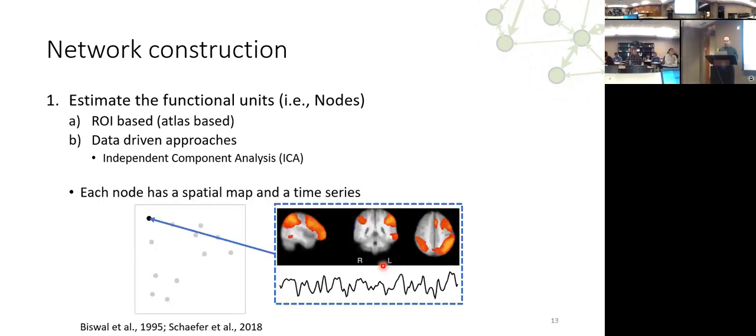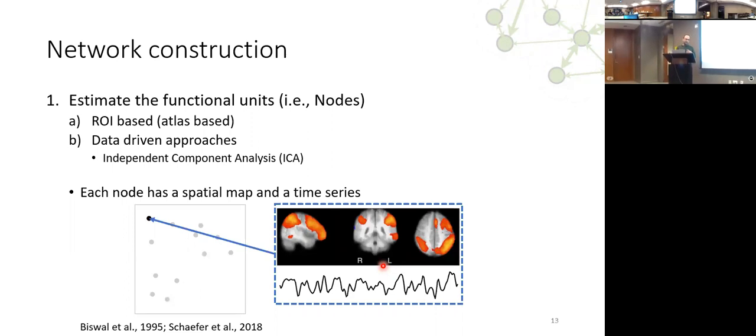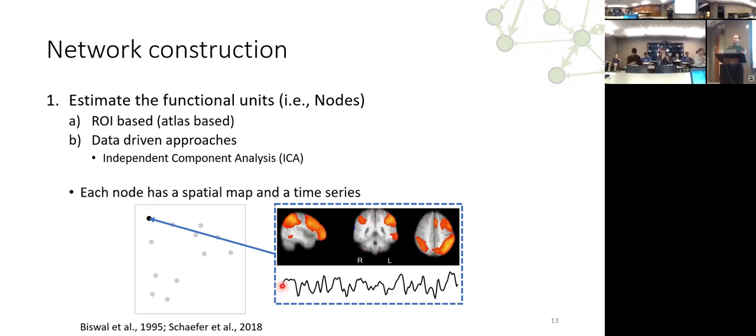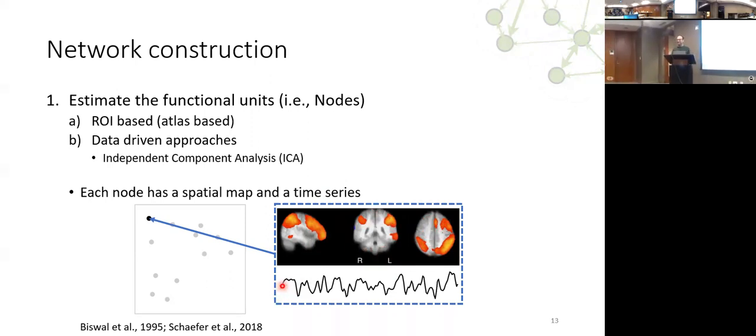And in the brain, each node usually has an associated spatial map and a functional time series, right? Which essentially says that this node comes from these parts of the brain, and its function, whatever that is, it sometimes is a little confusing, but whatever that is, its function changes like this through time. So each node usually has a spatial map and a time series.